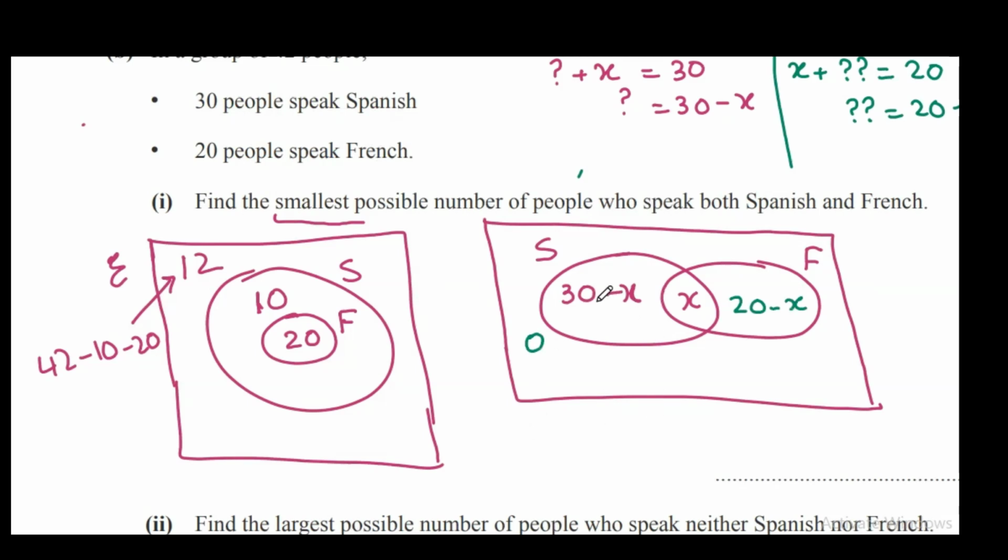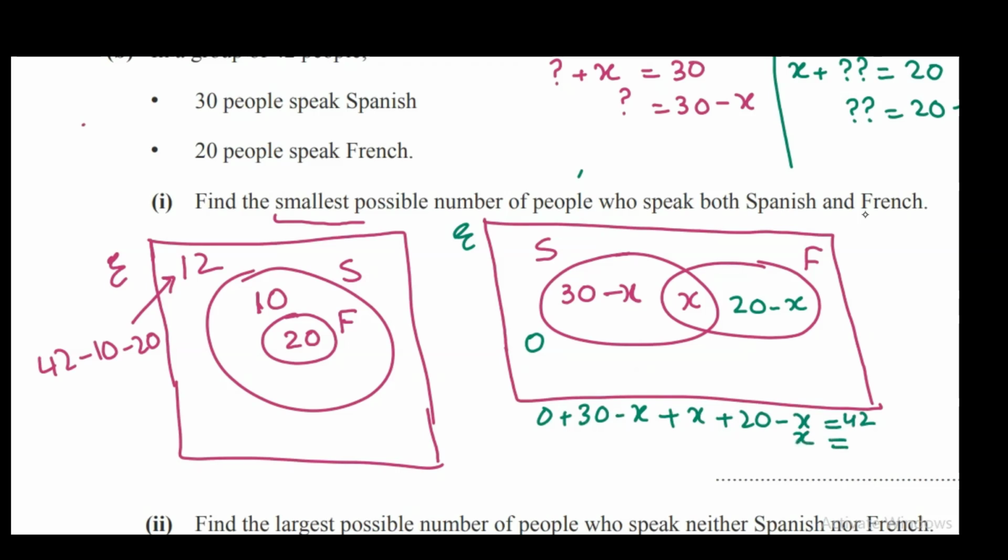Now finding the value of X, how to find the value of X? The total is 42. It means the universal set is the total. So total will be 42. 0 plus 30 minus X plus 20 minus X equals 42.